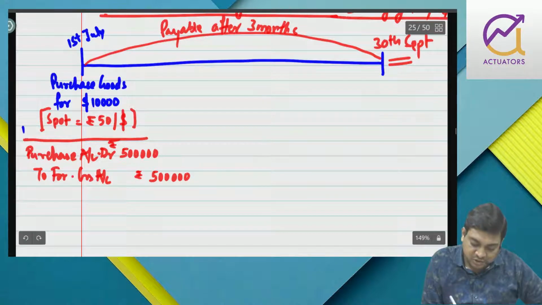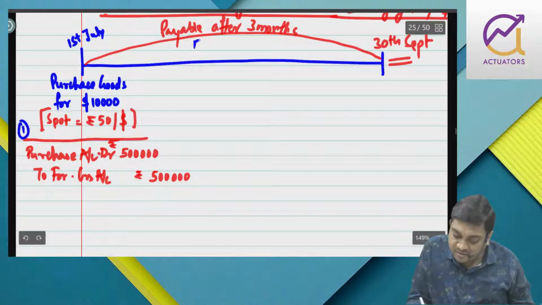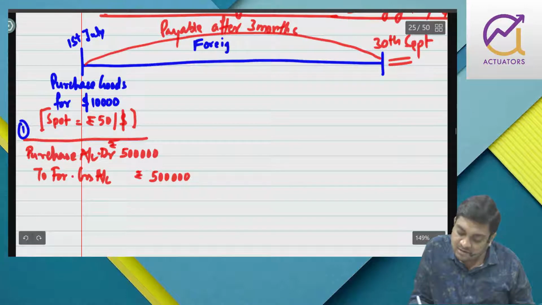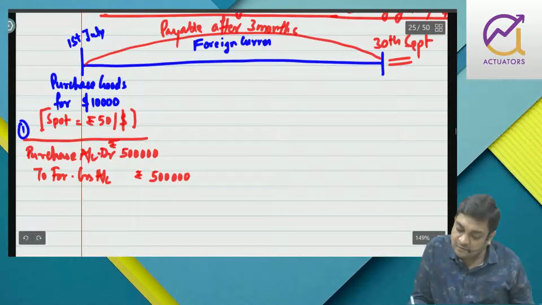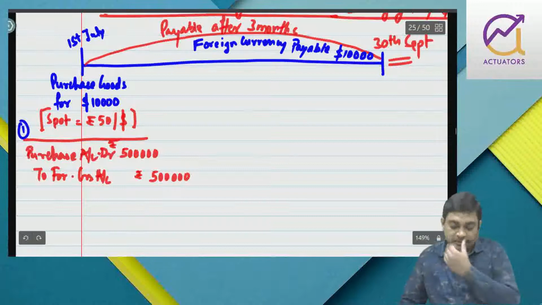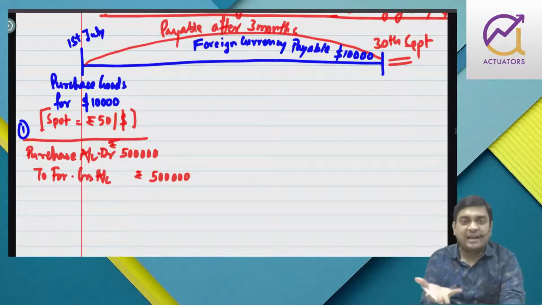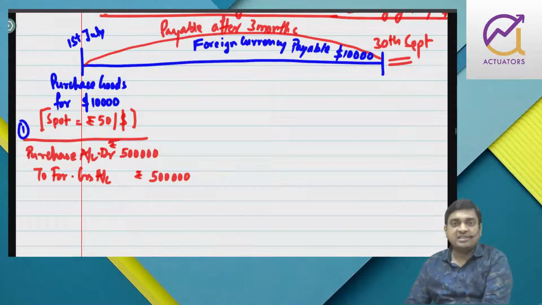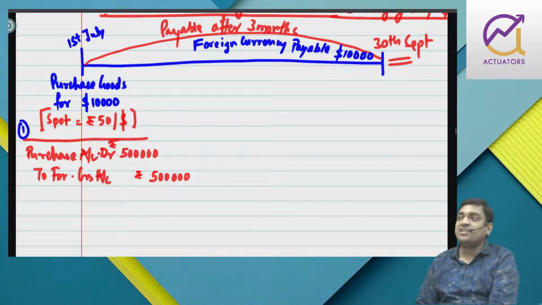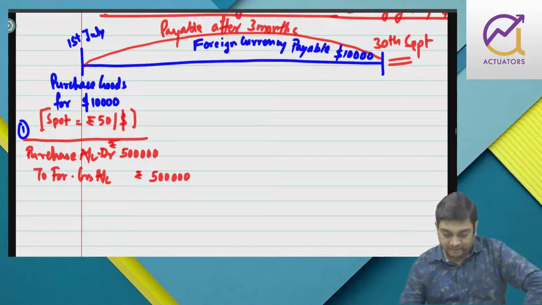This is the first part of the story. So, after 3 months, I have foreign currency payable of $10,000. And this particular transaction I have initially recognized at spot rate. That we normally do. If you enter into a foreign currency transaction, you initially recognize it at spot rate.